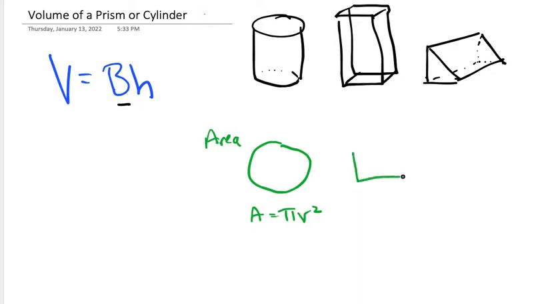In a rectangle or square, we learned the area is lowercase b, so it's different than capital B. The lowercase b we say is base times height. And we typically think of base on the bottom, but it's really not. It could be anywhere. The general rule is that the base and the height have to be perpendicular. And it'll be the same for these shapes in 3D as well.